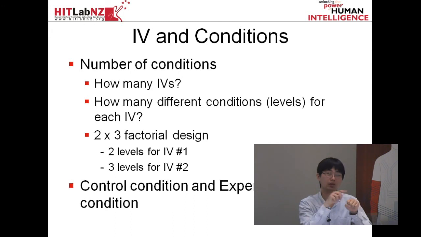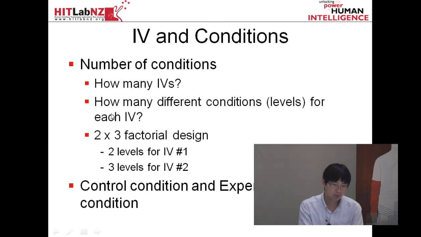Think of a variable like in computer science, a variable that you can put different things into, right? So even if you have three conditions with three types of interfaces, A, B, C, there are three conditions, but still it's one independent variable, which is the type of interface used, okay?